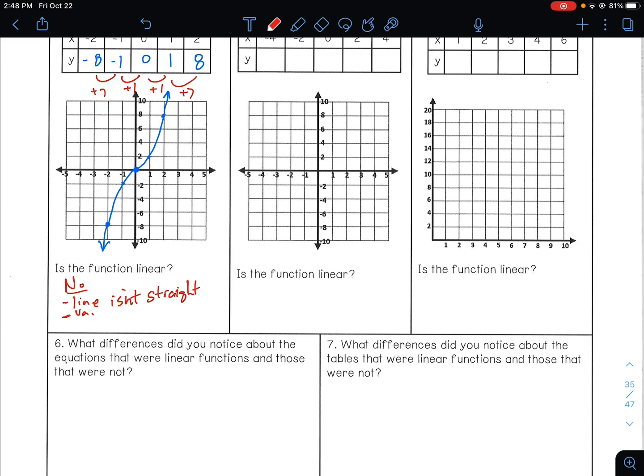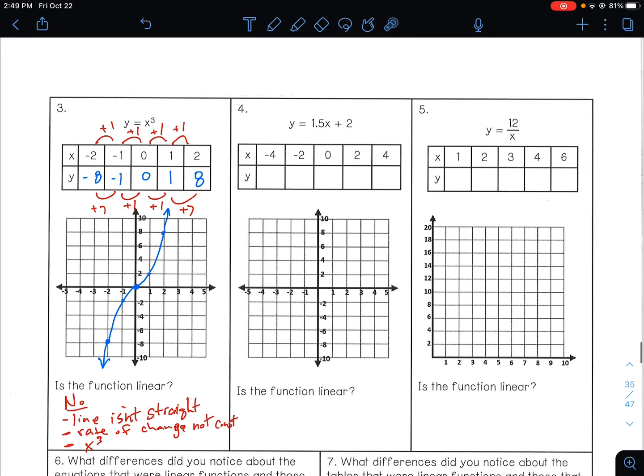You would call that a variable or a changing rate of change. Rate of change not constant. And then you could say x to the third power for the equation. All right, next one.